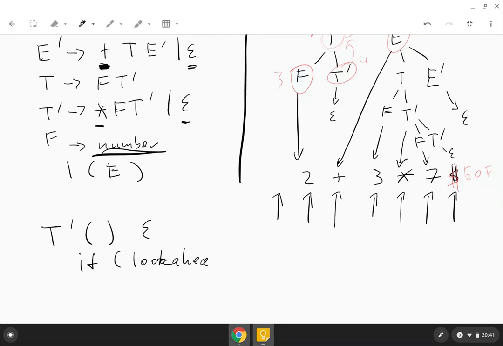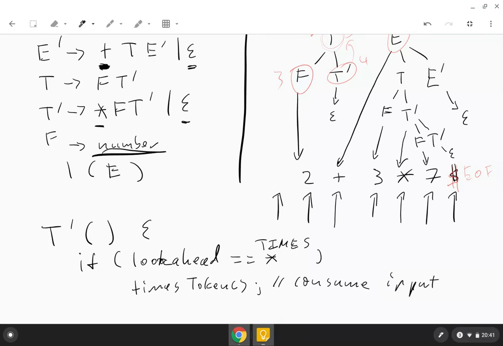If the look ahead token is star or times, however you wrote your lexer, then we know it's going to be the first production. So this is my times token function, which is going to consume the input and move the look ahead.